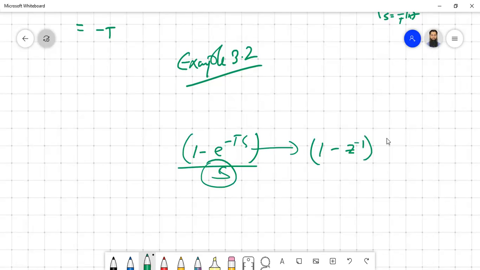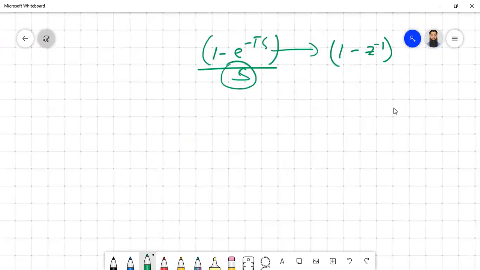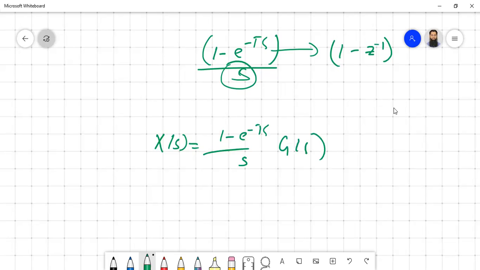If we can replace this one, then we can see that the solution may become very, very easy. So just quickly look at that one. Say X(s) is a multiplication of (1 minus e to the power minus Ts) by s into G(s). So s can go with the G(s).